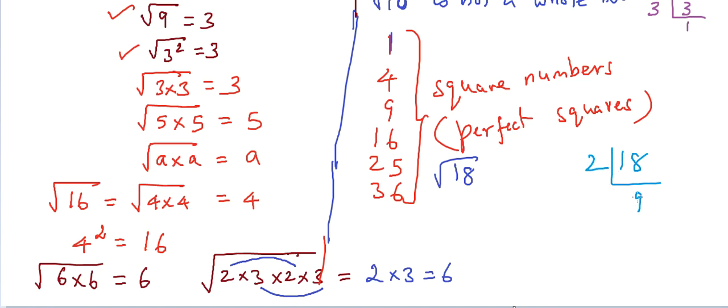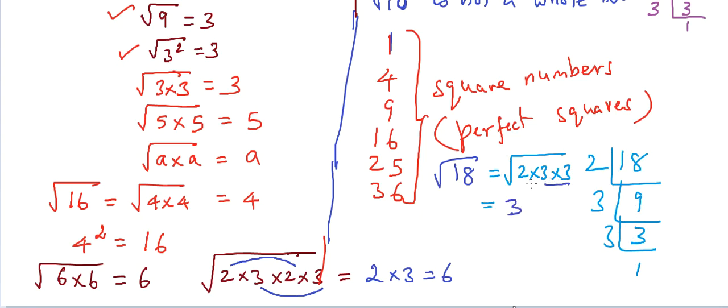18 is divisible by 2, giving 9, so 9 times 2. Now 9 is 3 times 3. So 18 is 2 into 3 into 3. We take out one 3 as a pair, but the 2 has no pair, only one 2 is there.